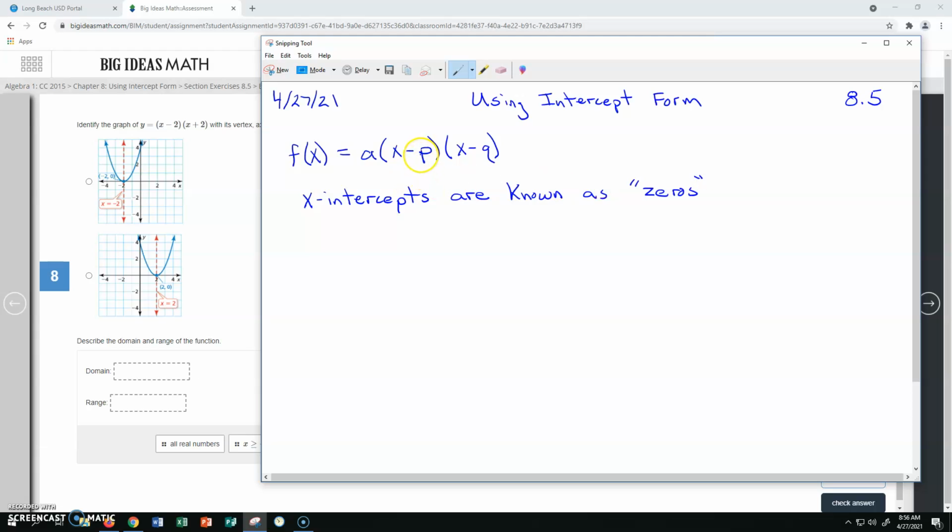Now, real quick, they're known as zeros because they are something that will make the expression equal zero. You'll see that in just a second. Okay. Also, I'm going to put a little star right there.